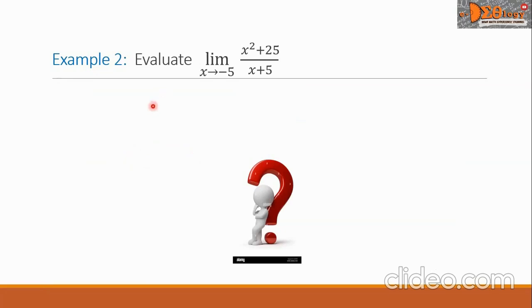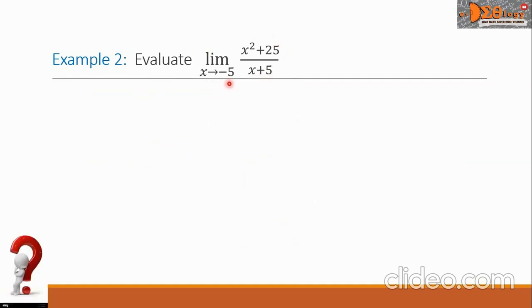Example 2. Evaluate the limit of (x² + 25) over (x + 5) as x approaches negative 5. Let us copy this problem again down here, and then let us evaluate the limit. Let us substitute the value negative 5 to the x of the function here.